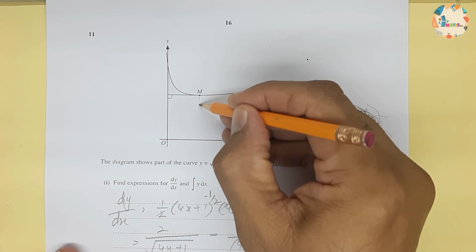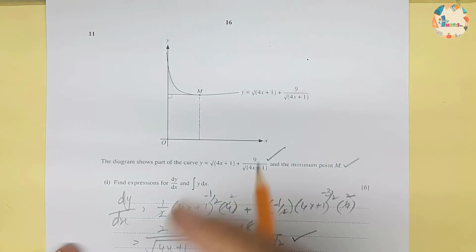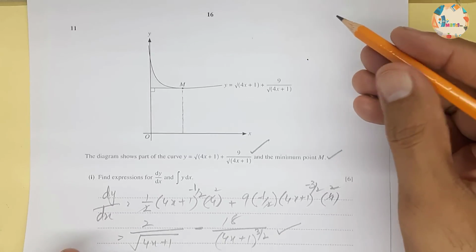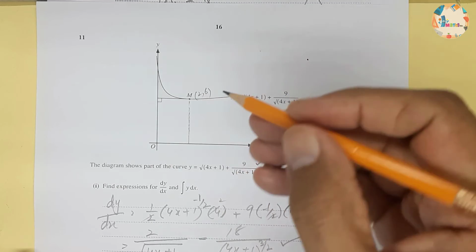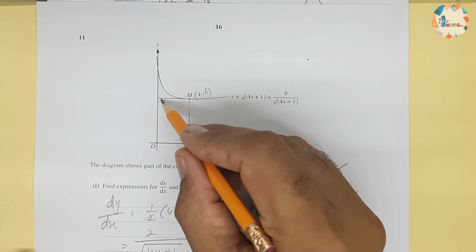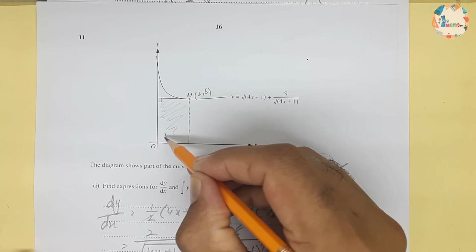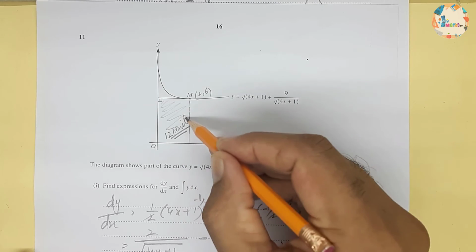For example, this is the rectangle, and the m point coordinates we have calculated, which is 2 and 6. So the area of this rectangle will be 2 into 6, which is 12 units.